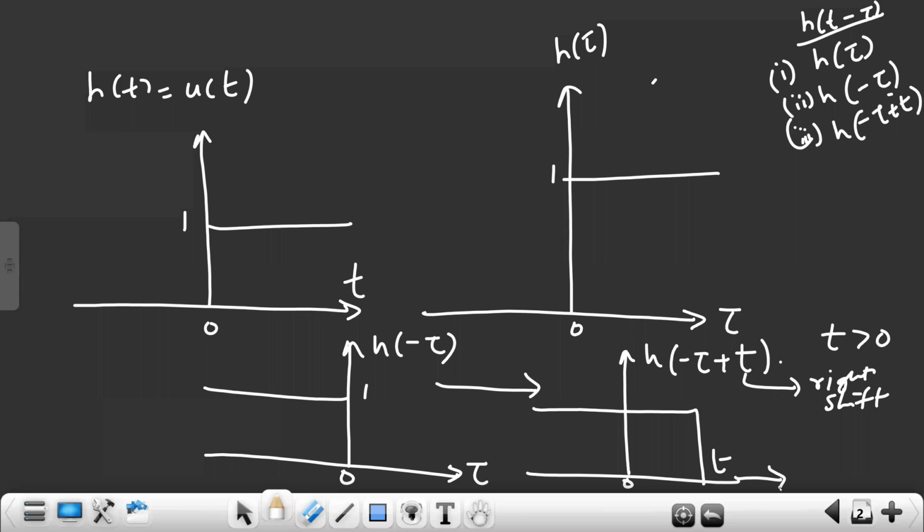So all of you draw h of minus tau plus t. This is your h of t minus tau. And let it be figure number 2. Already figure number 1 is plotted, that is your x of tau, and figure 2 is h of t minus tau. Now I will be plotting these two again so that I can compare and write the answer.